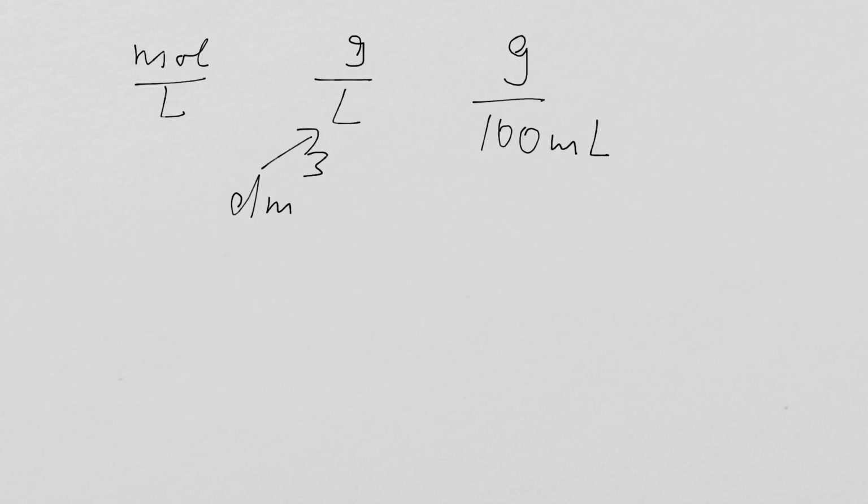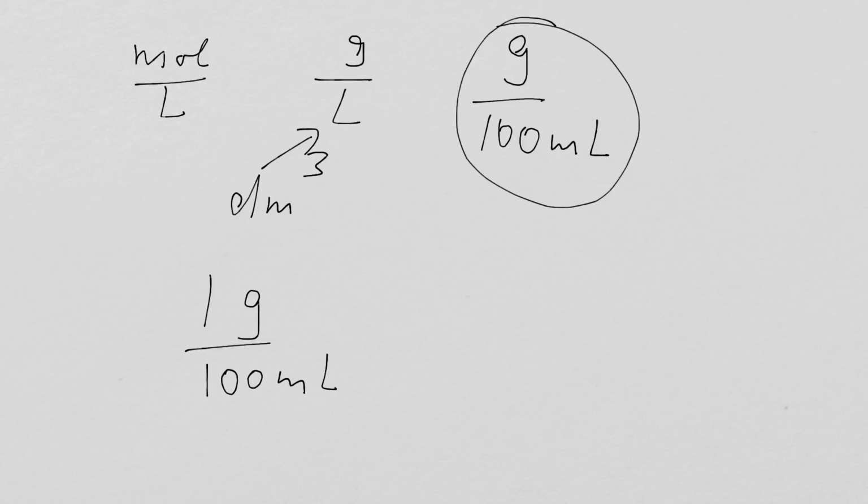Now this gram per 100 milliliter, there's a twist to it, which I want to share with you. If we have 1 gram per 100 milliliter, what do you call 1 in 100?